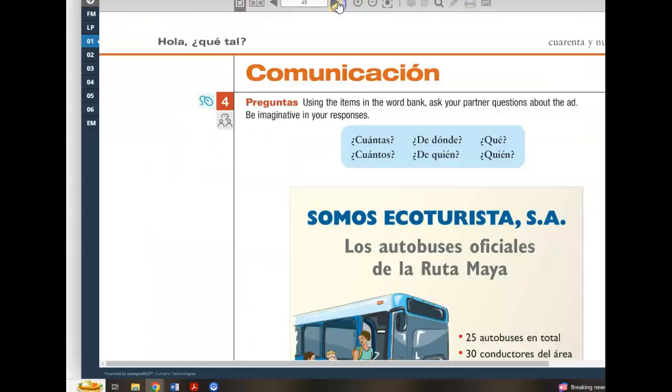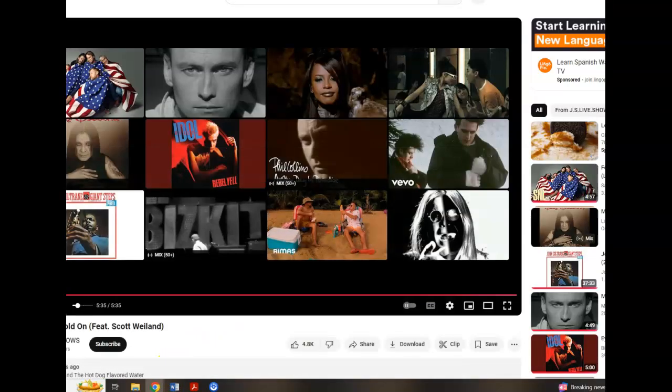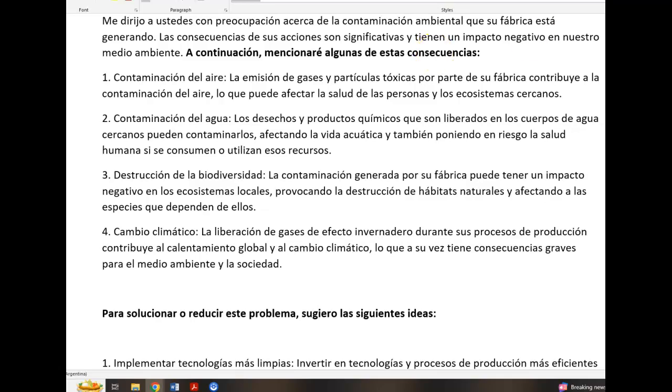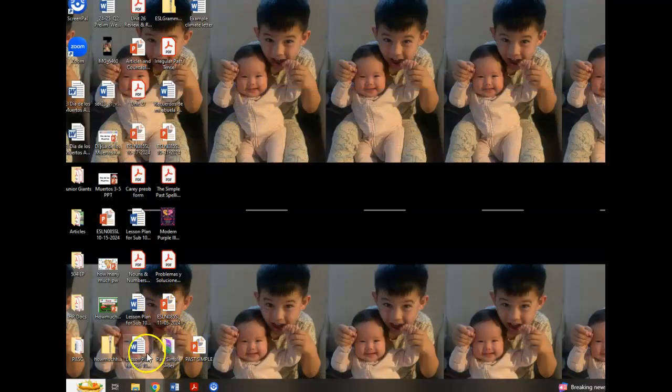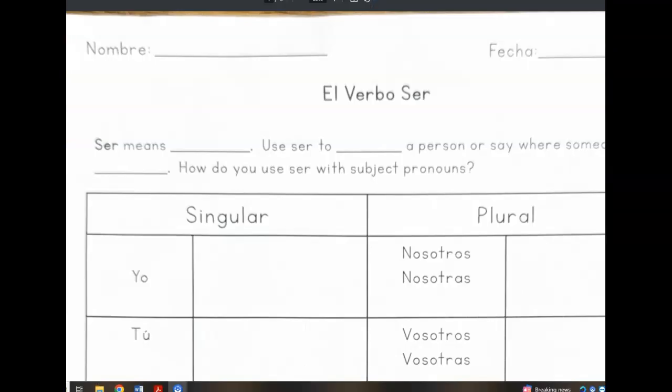Final thing that you're going to do is the homework, which I'm going to pull up right now. Minimize all this stuff. Sorry about that. Thought I had that handy. So this is the handout on the verb ser. Ser means to be.